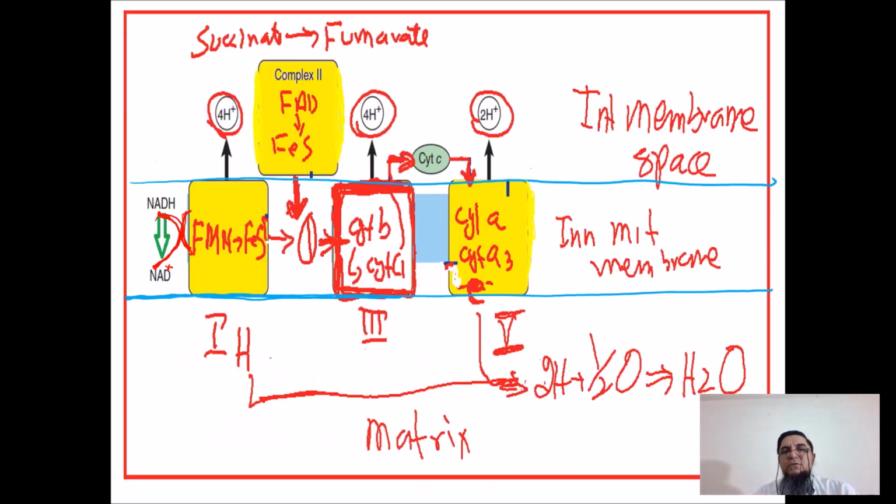Let me explain to you in a different way. So this is complex 1, FMN, FES, NADH. Hydrogen will be released, and the electron will go because NADH contains hydride ion.